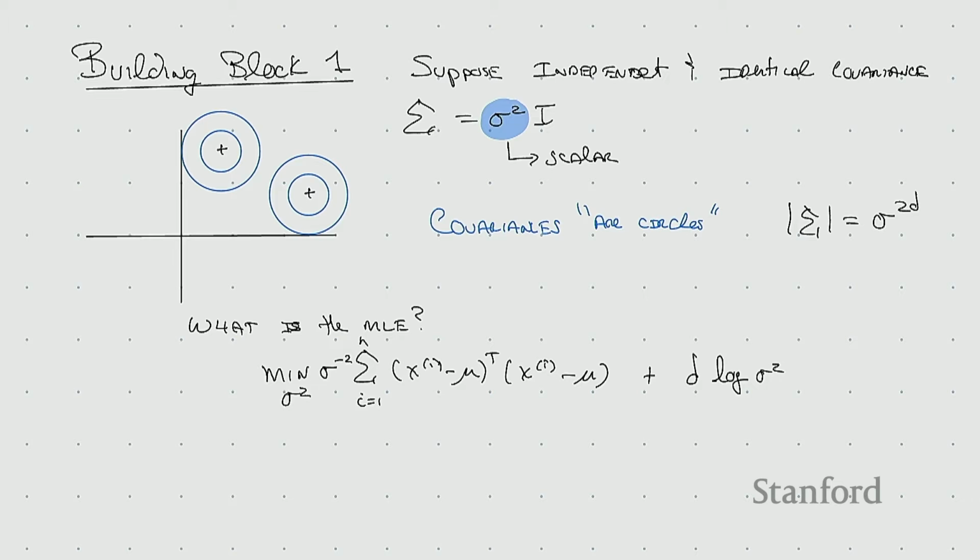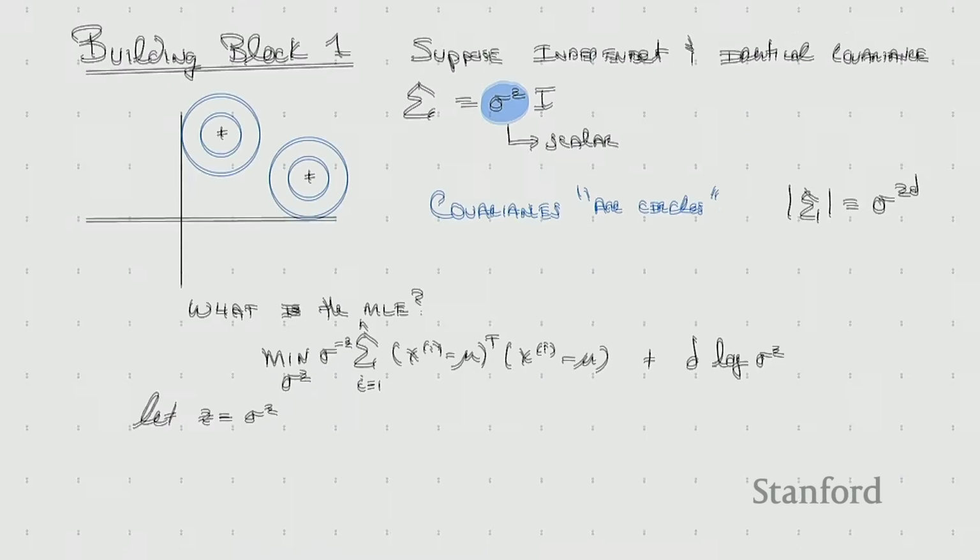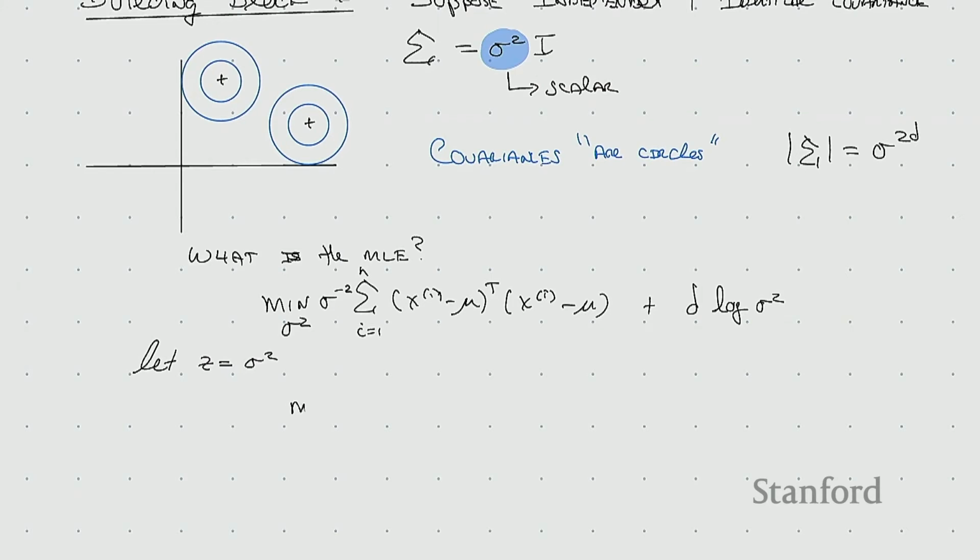So just for notational purposes, let z equal sigma squared. What does this actually look like? Well, it's minimizing 1 over z times this thing, which is a constant here. This does not depend on sigma squared in any way, so I'm just going to call this c, plus d log z, minimized over z.